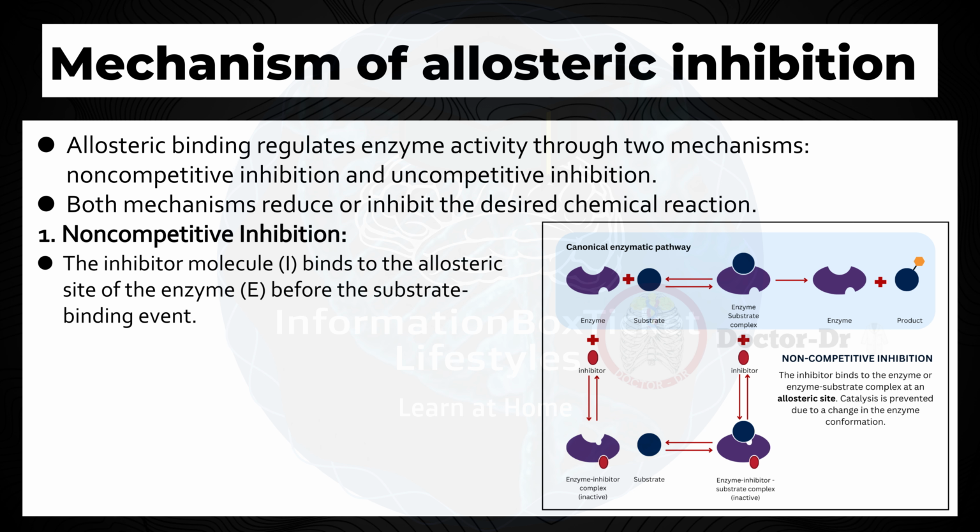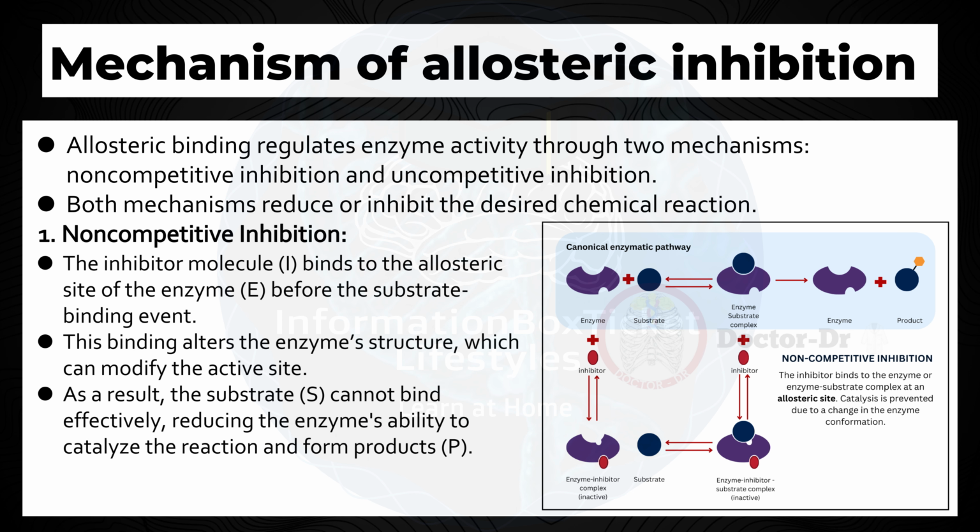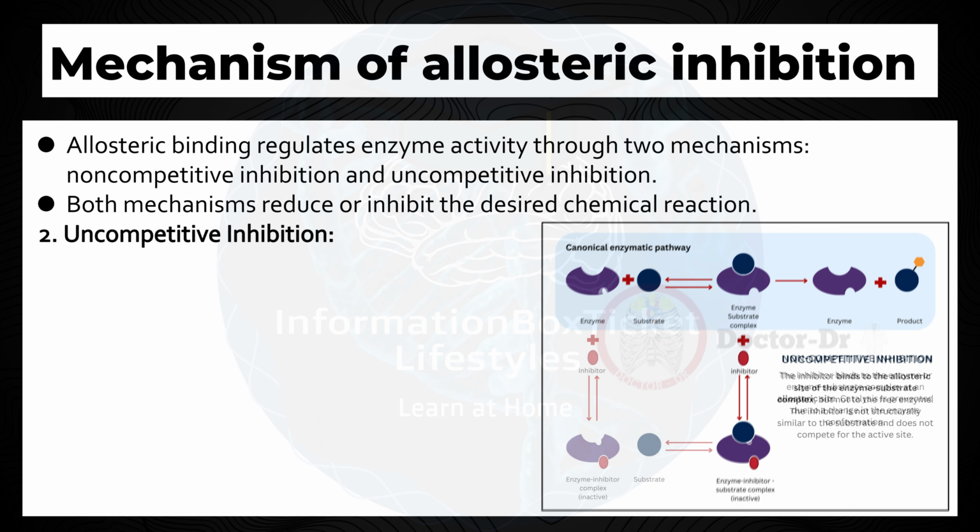The inhibitor molecule binds to the allosteric site of the enzyme before the substrate binding event. This binding alters the enzyme's structure, which can modify the active site. As a result, the substrate cannot bind effectively, reducing the enzyme's ability to catalyze the reaction and form products.